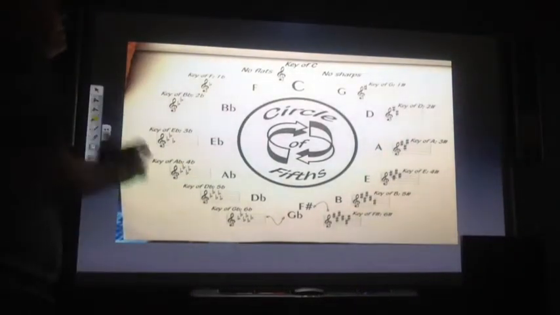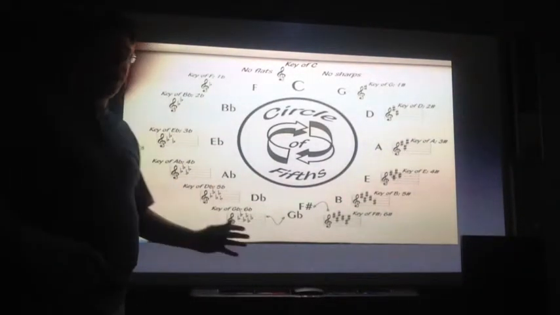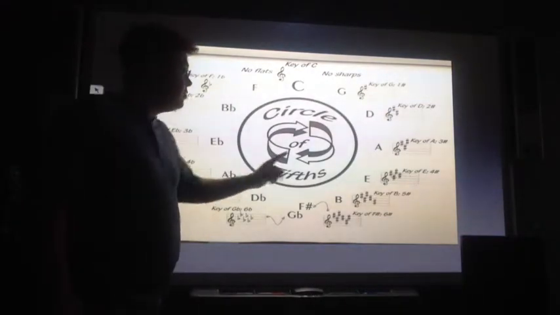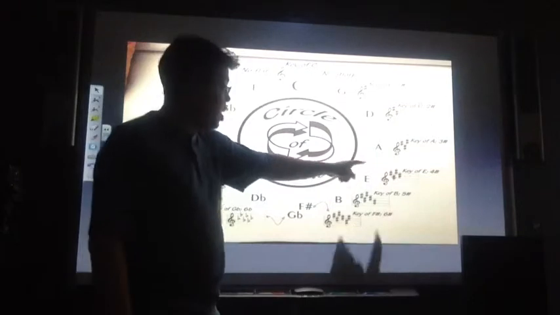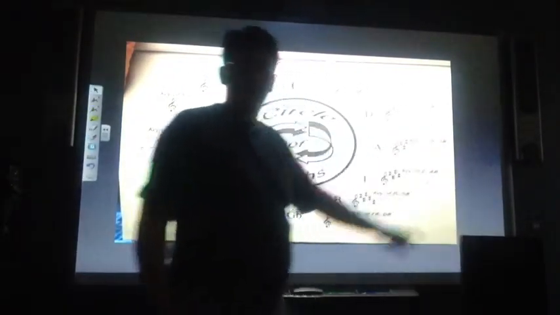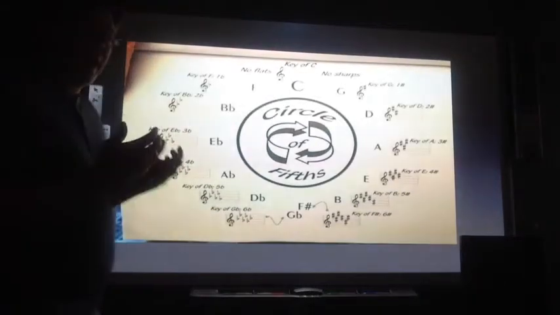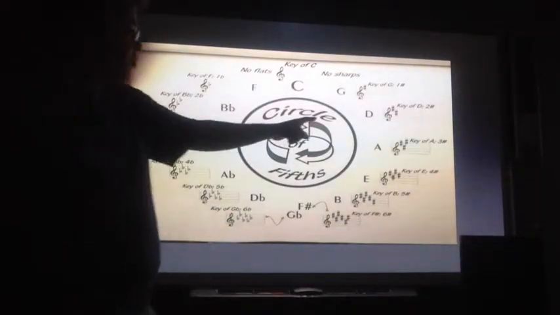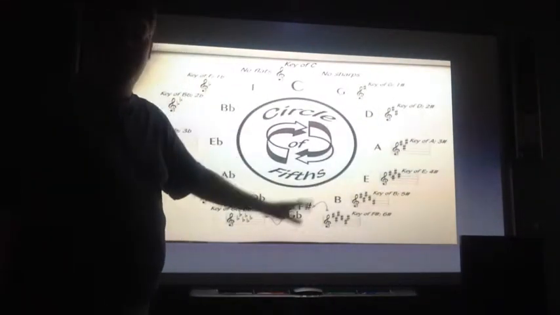It's time to demystify all this theory. The reason I learned the circle of fifths is because of an experience I had right here. This is the A key. Well, I was passed a little bit of sheet music. It had the 3 sharps up there, and I didn't know enough theory yet.